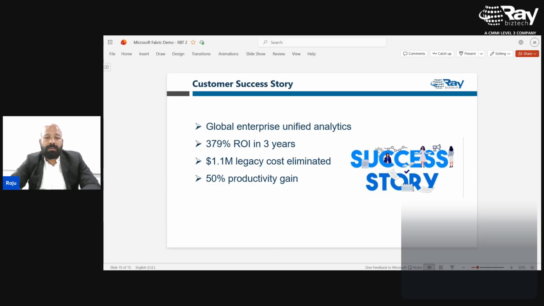You are eliminating the legacy costs like the licenses related to SQL Server, Oracle, or Teradata, the target OLAP database, and the ETL licenses, and you are also eliminating reporting tools like SSRS or Tableau or Power BI. So 1.1 million in cost is eliminated, and a 50% productivity gain is achieved here.